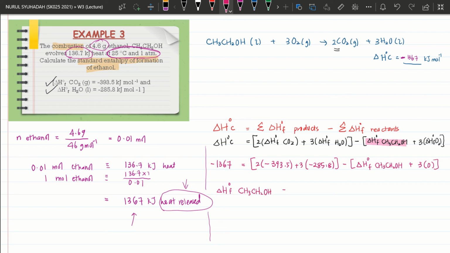So I just write down the final answer here. You will get negative 277.4, and then since this is one of the enthalpies that you need to memorize, delta H formation, the definition, the unit will be kilojoule per mole. So this will be your final answer. Okay. So that's it for example 3.